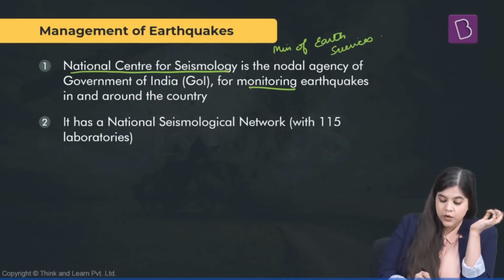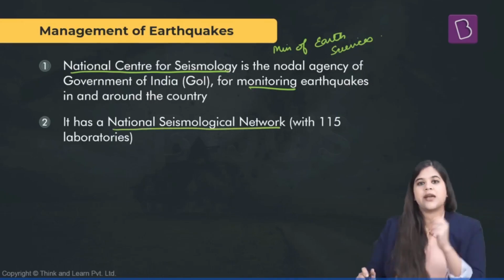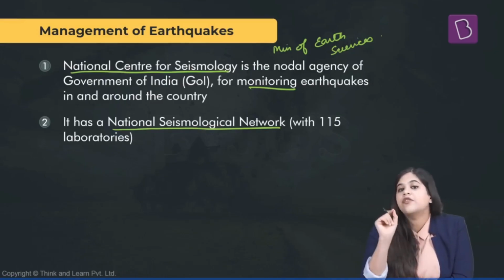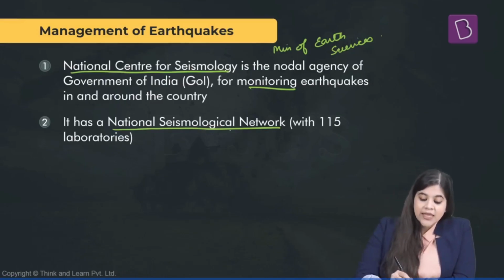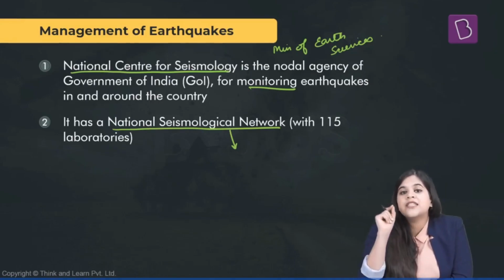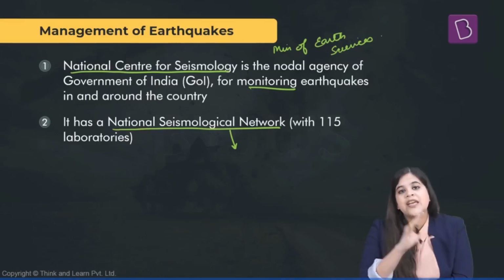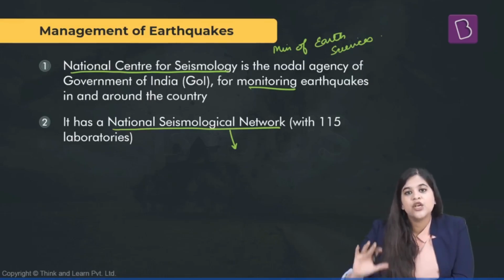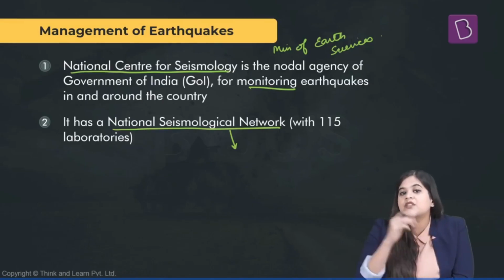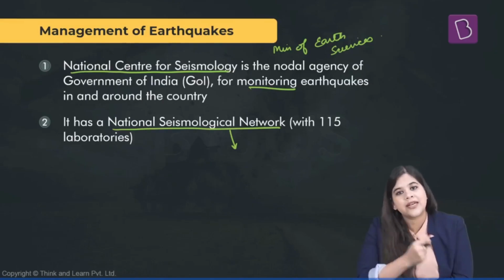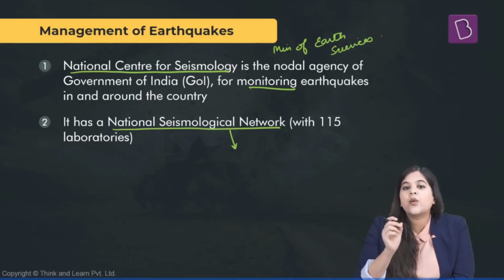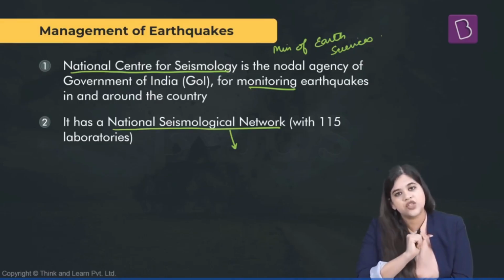It has a network called the National Seismological Network, which has 115 laboratories. And this network provides the information regarding earthquakes to both the central government as well as the state governments so that they can prepare themselves for any kind of response or relief activities that are required after the earthquake has struck.